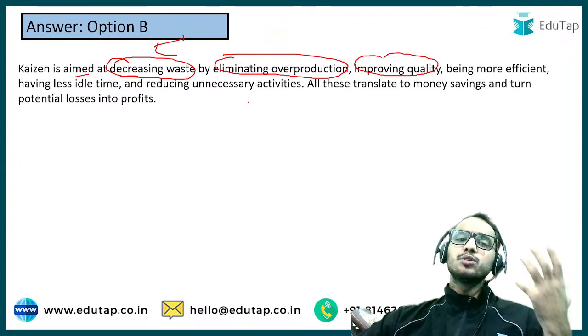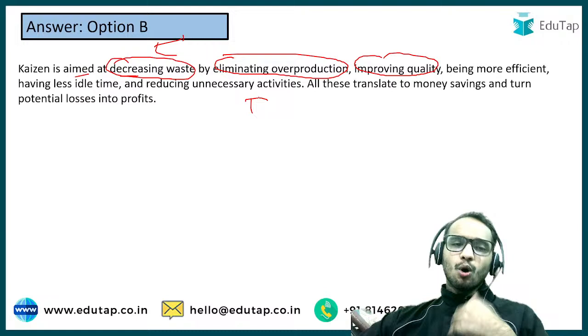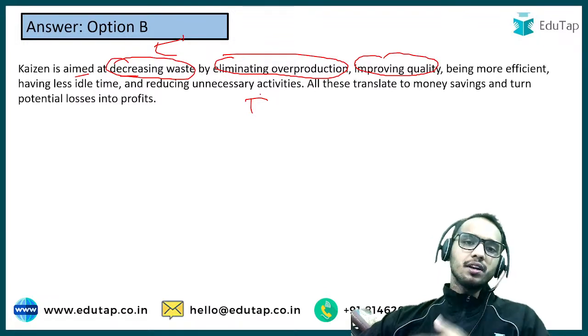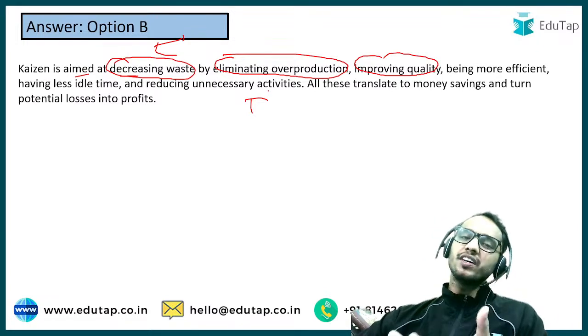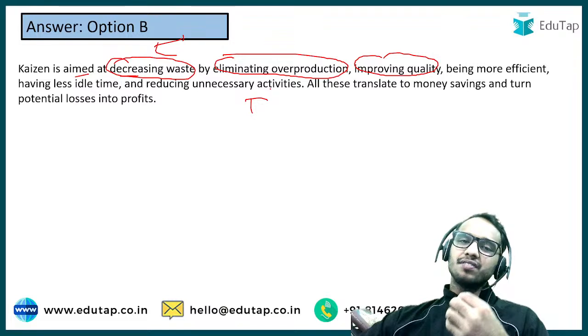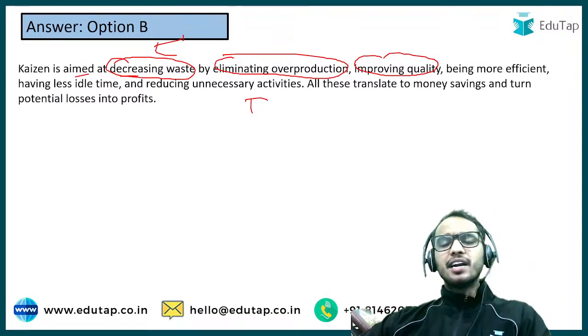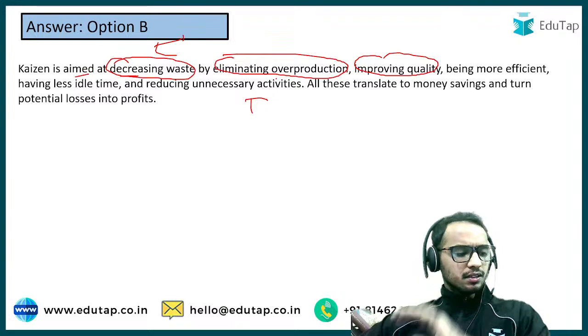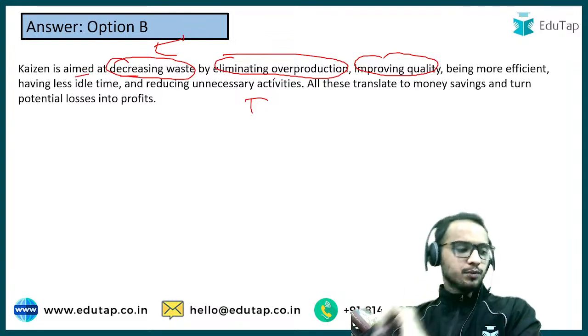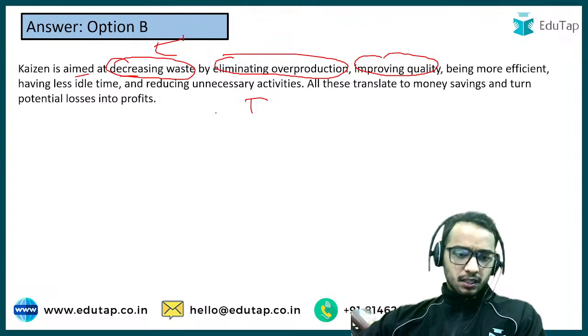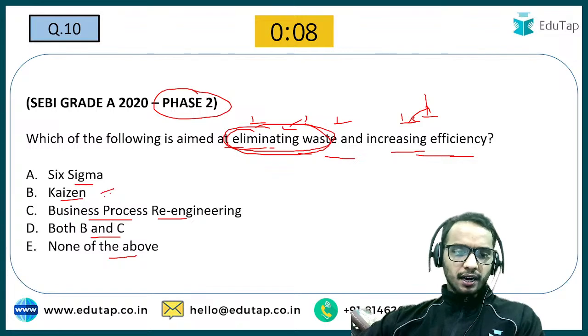It reduces unnecessary activities, turns these losses into profits, and basically gives you continuous improvement. It says you have to continuously improve by eliminating all the wastages one by one. Okay, everyone now knows the answer, that is Kaizen costing.